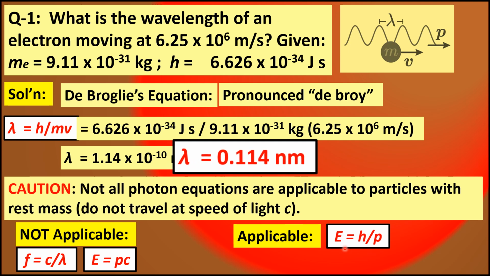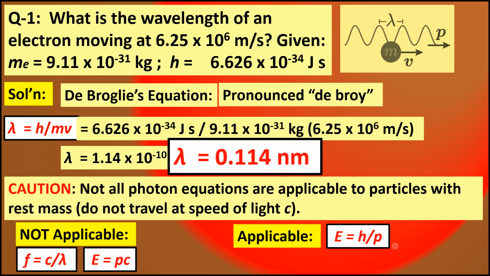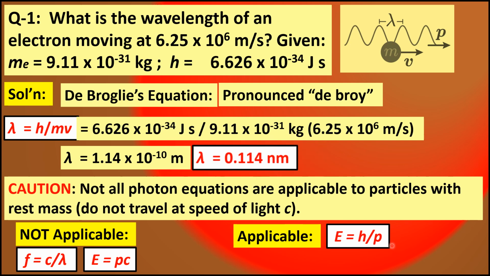What makes a photon similar to particles is that it has a momentum. Photons do have momenta, but they are considered massless.